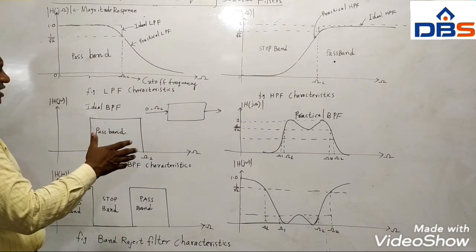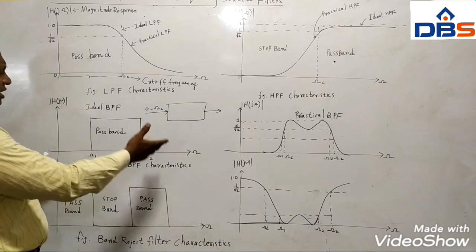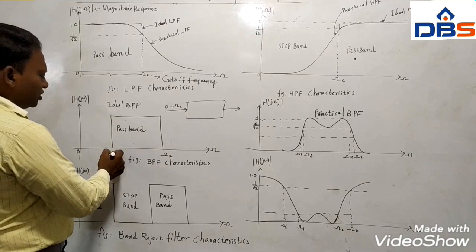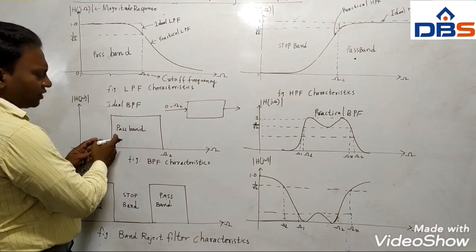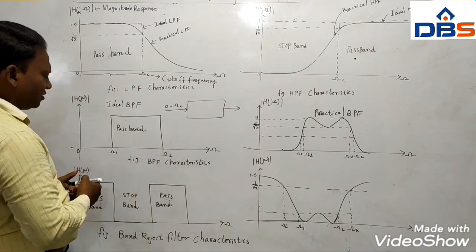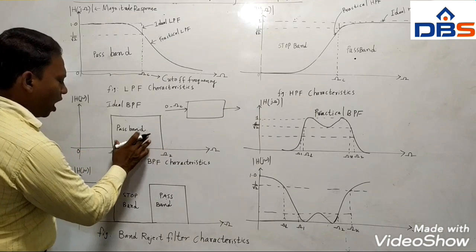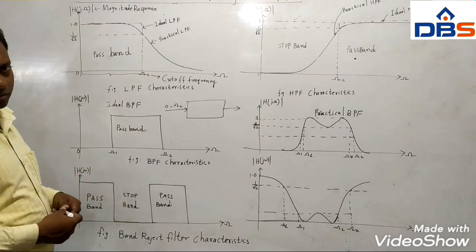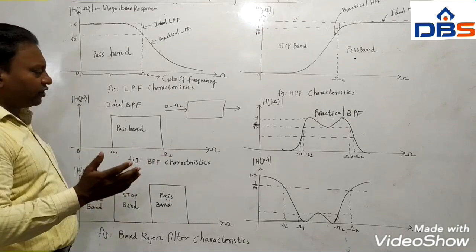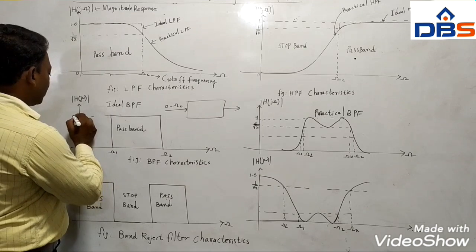Band pass means it passes a band of frequencies not centered about the origin. This is 0, omega 1 is the first cutoff frequency, and omega 2 is the other cutoff frequency. Between omega 1 and omega 2, all frequencies are allowed to the output. That is why we have a maximum gain of 1 here.